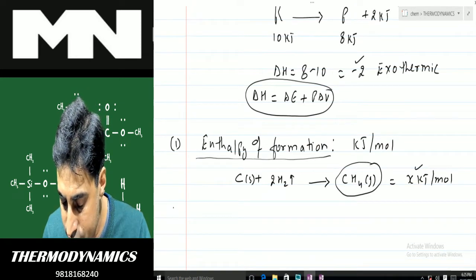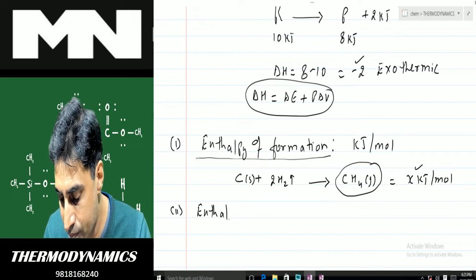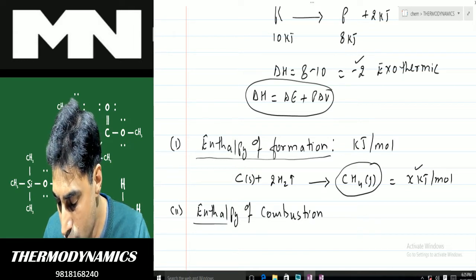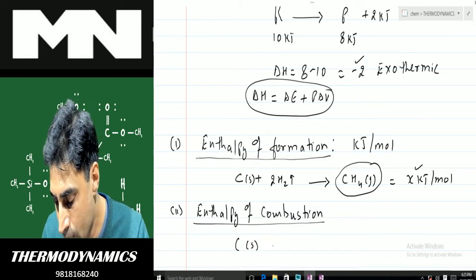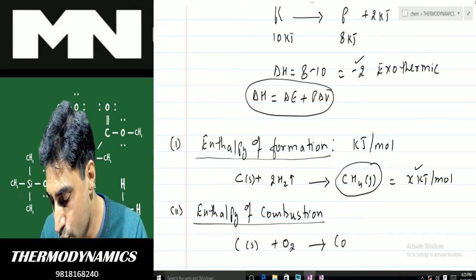Second, we have enthalpy of combustion. Now carbon in the solid state plus O2 will give me CO2.